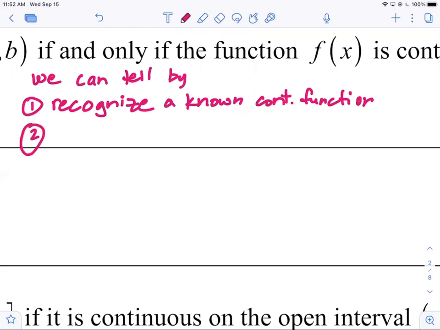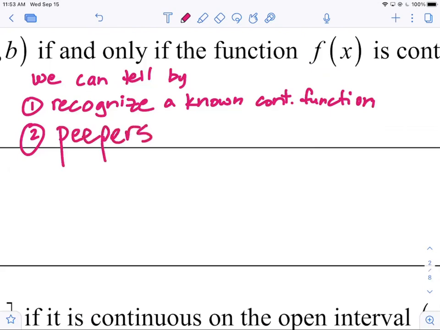And you can put some examples there if you want, like arctangent of x, sine of x, polynomials. But if it's not something we recognize, and we can either generate a graph of it to see it by analyzing where it's not continuous, or we are given the graph, we're going to call method 2 using our peepers.